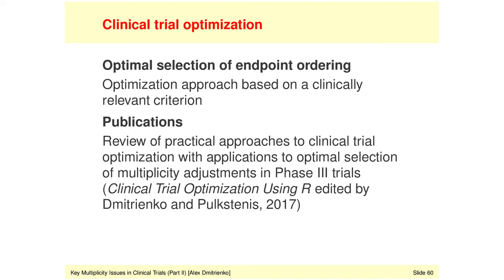For example, sequential testing versus step-down testing, perhaps some other testing strategies, and then we can select an optimal testing strategy for the secondary endpoints, provided of course that some information on the anticipated effect sizes and pairwise correlations is available. We don't have time to explore this topic in this online training course, but I think it's a very promising direction. I would like to encourage you to consider optimization related approaches when it comes to finding the best way to arrange secondary endpoints in phase 3 clinical trials.